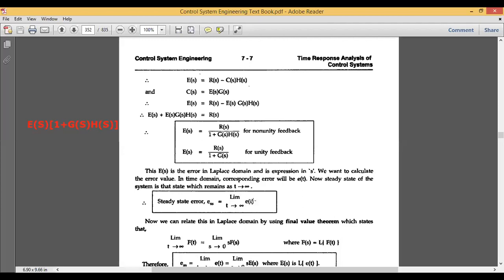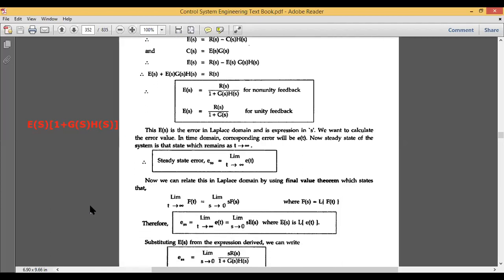Now, using the final value theorem, which states that if the limit t tends to infinity of f(t), then in the s domain it becomes the limit s tends to 0 of s multiplied by F(s).